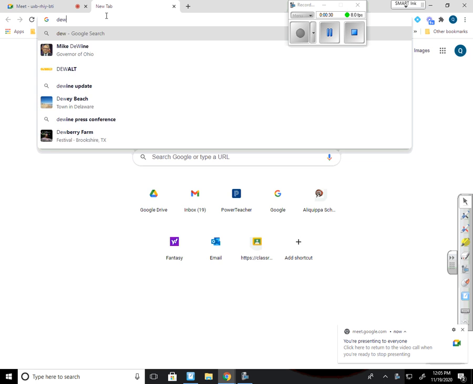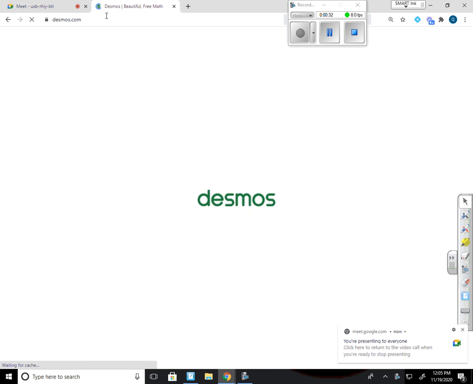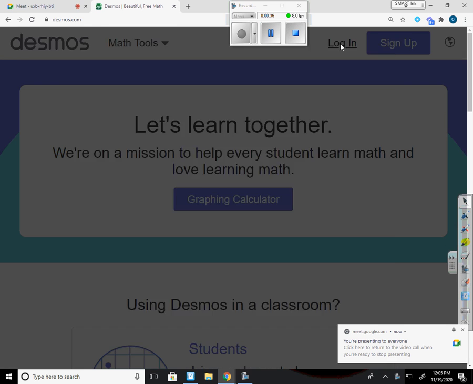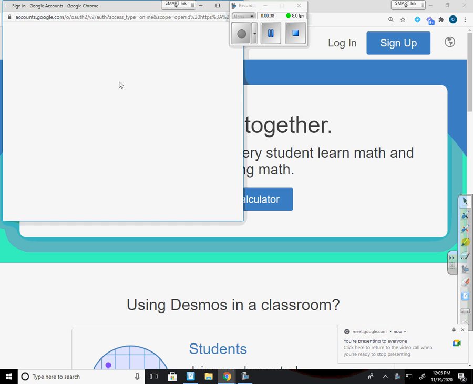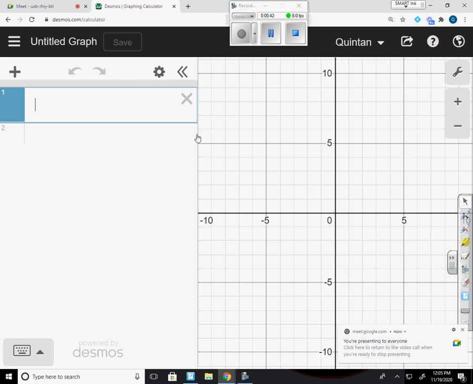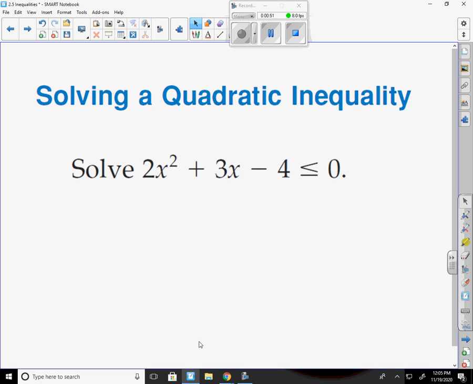So you're going into Desmos. Log in. Pull up your graphing calculator. And now, just like yesterday, whenever we enter this in, we're not going to do the less than or equal to 0 part.